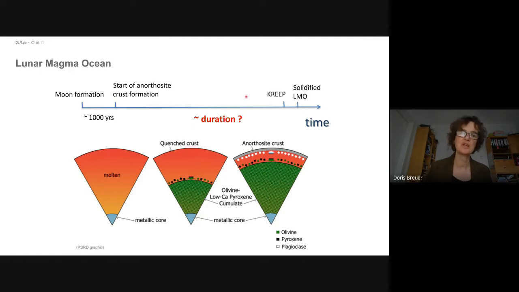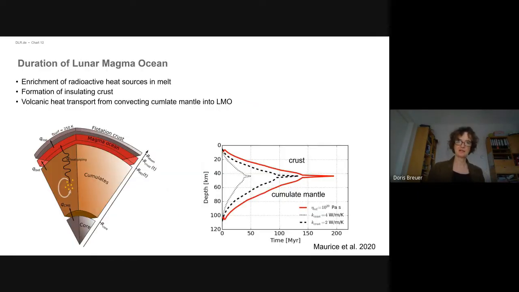And the question is, how long does it actually take? That can make a large difference to what is happening in the cumulate mantle below and the mixing of all the material. So here I show you one slide from a model we recently published.